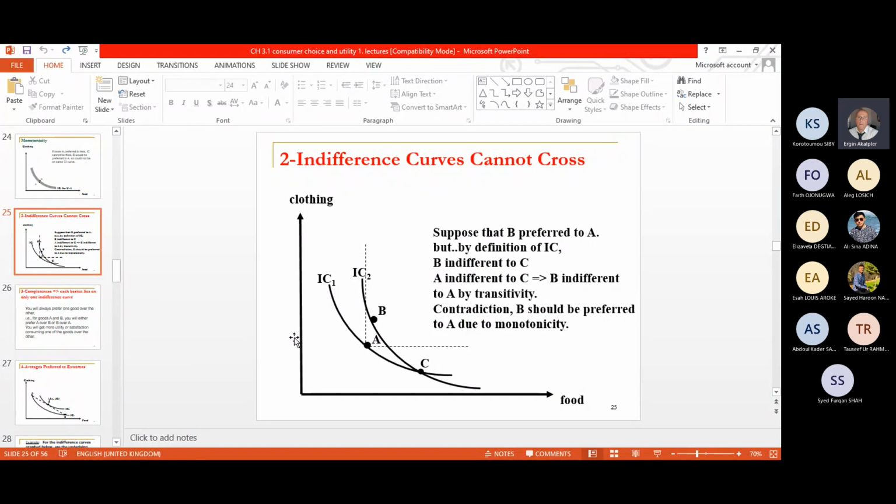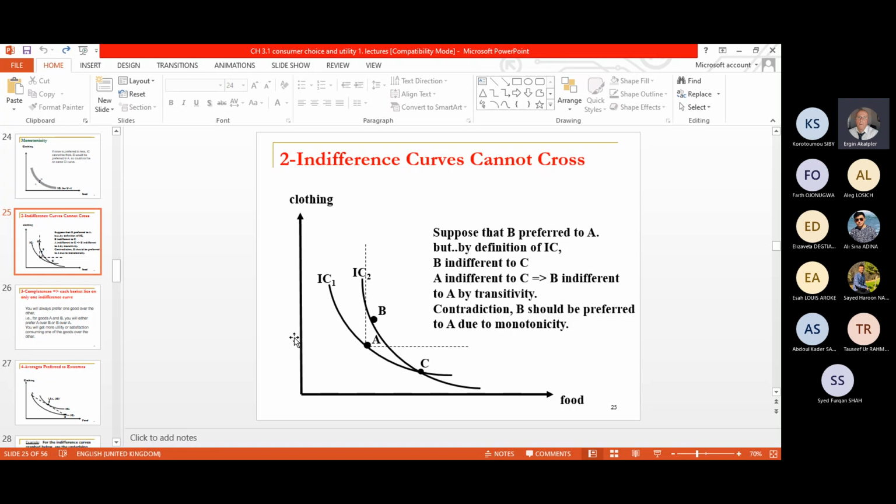And this is not possible because we are saying that an indifference curve is always getting better off when it is getting higher and moving away from the origin. And here indifference curve 2 is moving away from the origin, but suddenly it is intersecting indifference curve 1.